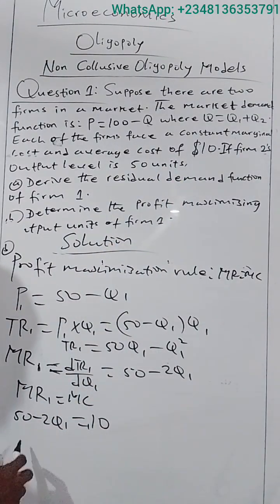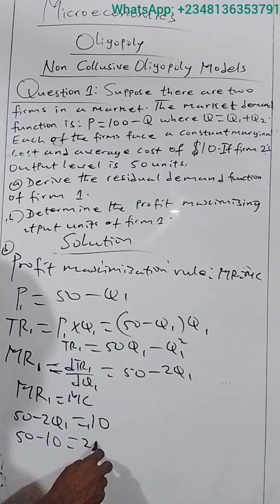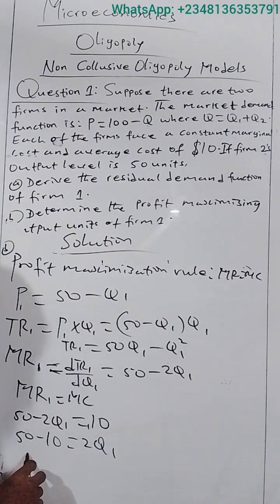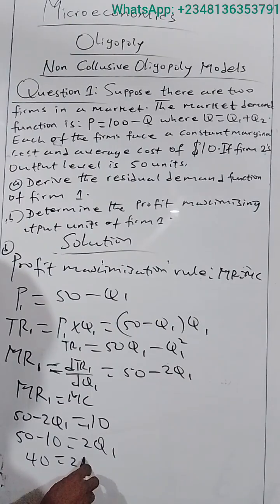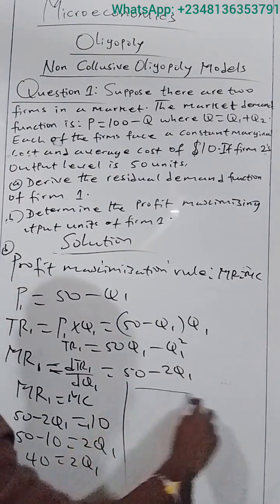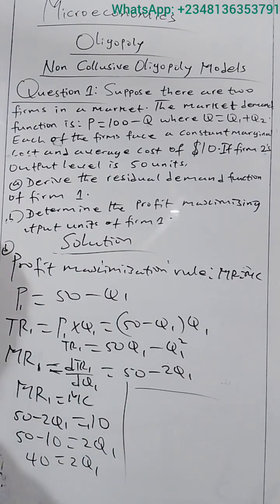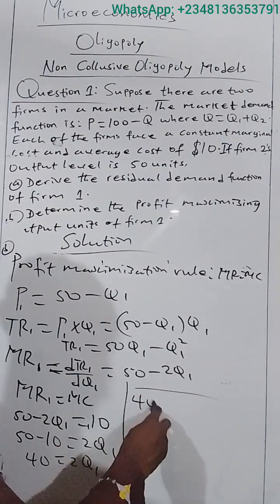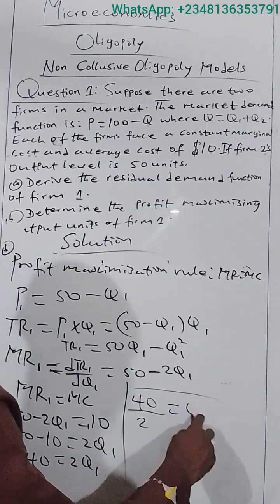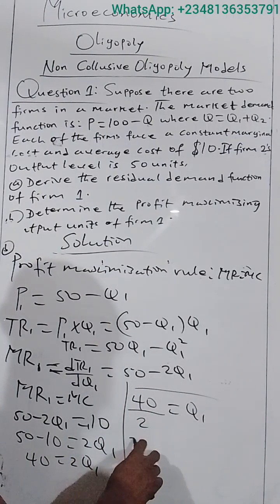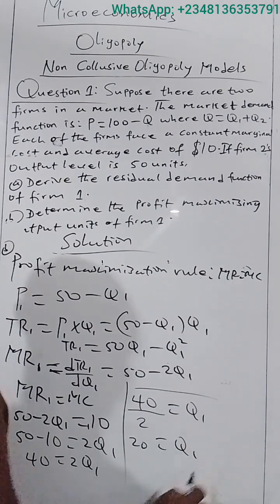Then you collect the like terms: 50 minus 10 equals 2Q1, so 40 equals 2Q1. Then you can divide both sides by the coefficient of Q1. Therefore, we have 40 divided by 2 equals Q1, then we have 20 equal to Q1.